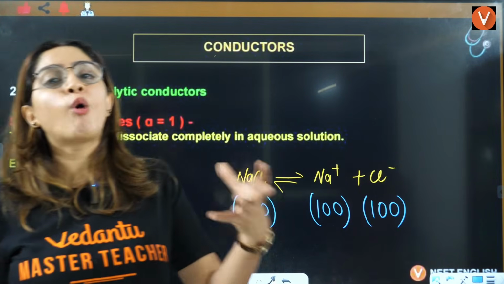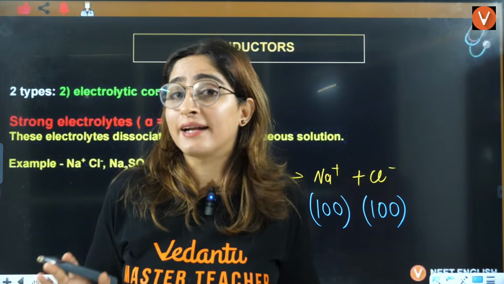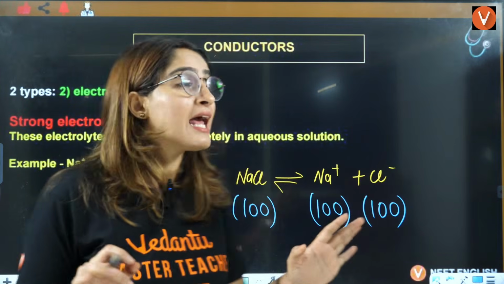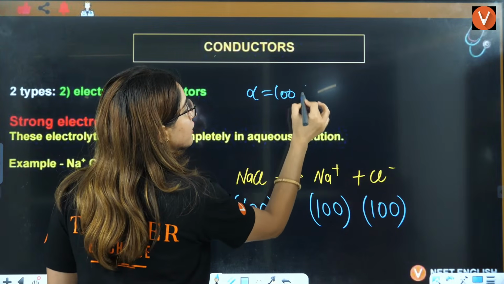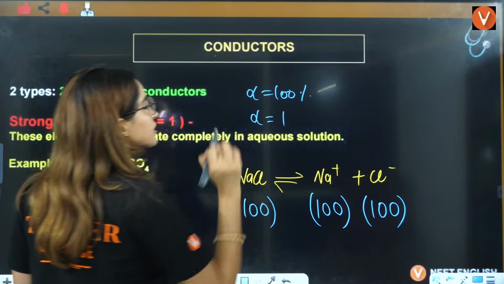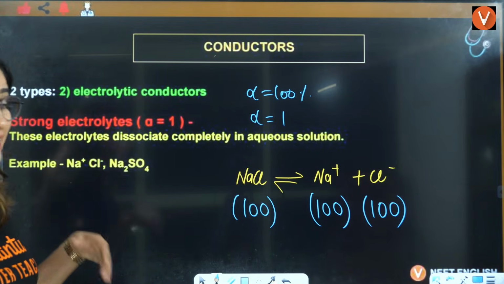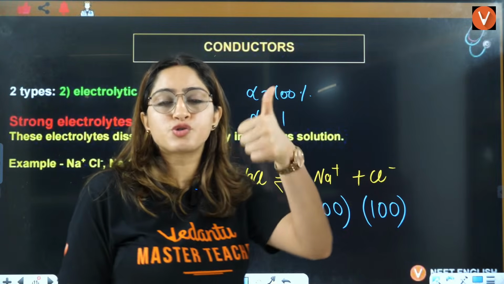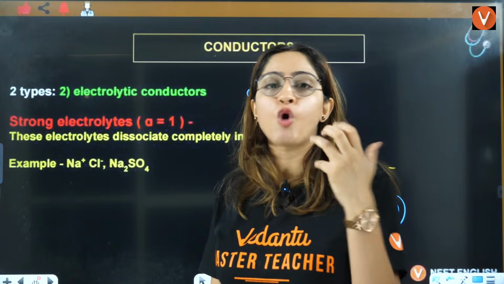So all the molecules that you have will be dissociated in the end. That is a strong electrolyte, and that's why we say alpha is 100% here, or in fraction, alpha is taken as 1. Now what are strong electrolytes? Strong acids, strong bases, salts, all these are strong electrolytes.